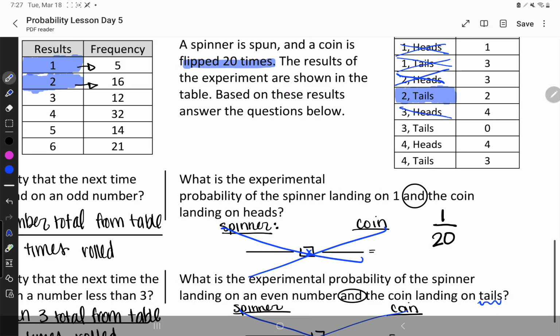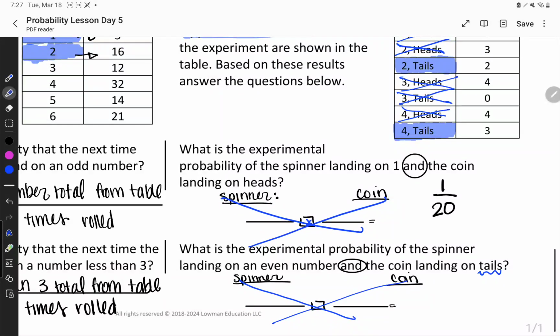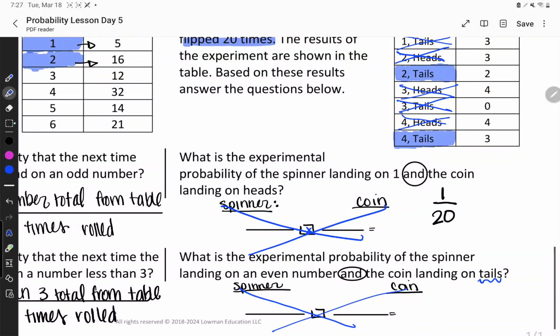Then 3 is odd, 3 is odd. 4 heads, we want tails, and then we have 4 tails right here. So my experimental probability, I want you to try to find that now, using that the 2 with tails was rolled 2 times and the 4 with tails was rolled 3 times.